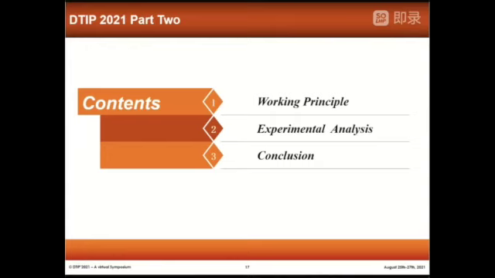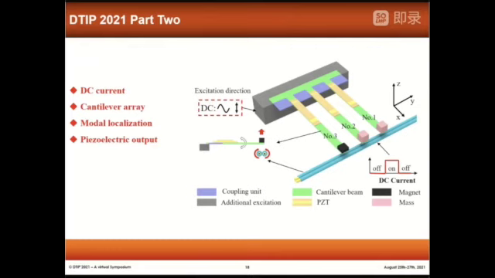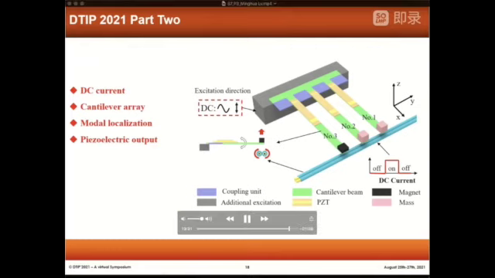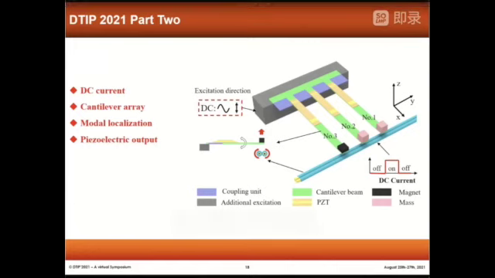For the first time, modal localization is applied to improve DC current detection sensitivity, and we propose a coupled cantilever array, a very high sensitivity DC current detection device.